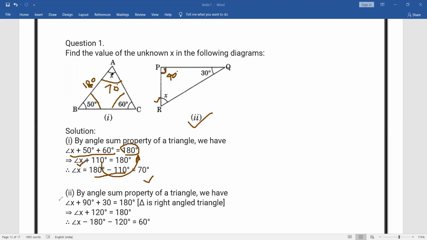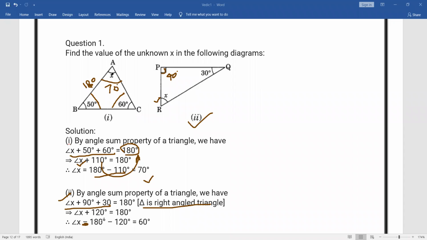Again, by the angle sum property, what do we know? When we are adding these three angles, X, 90 and 30, we get 180 as our answer. Why? Because it is a right angle triangle. So now see, 90 plus 30, we have 120.